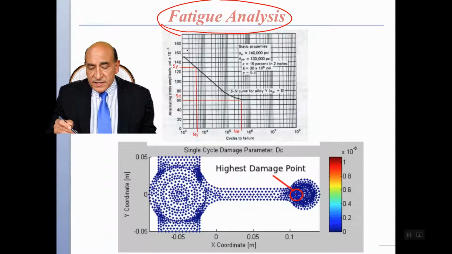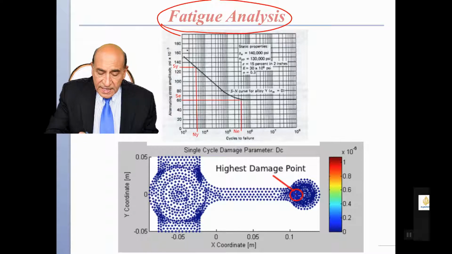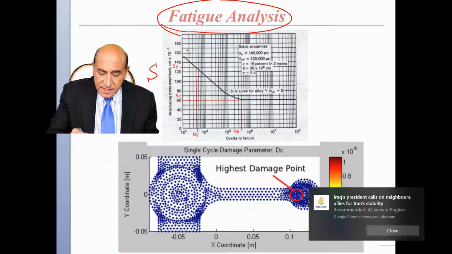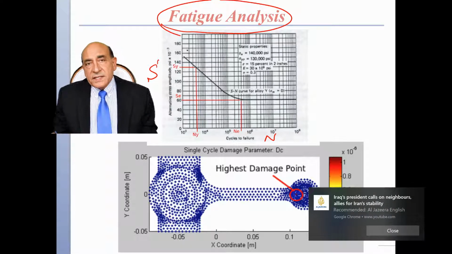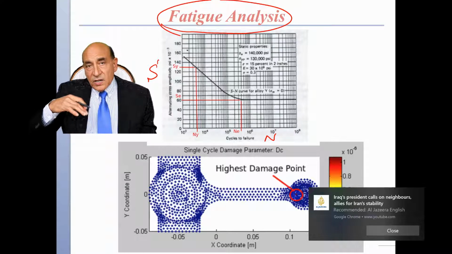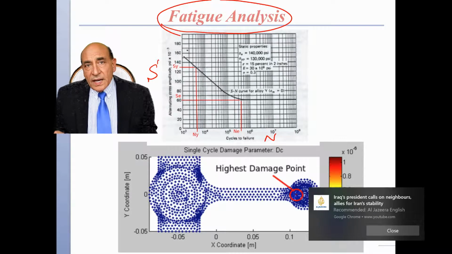So the fatigue analysis is based on the SN curve. This is the S and this is N. S is the amplitude of a fluctuating stress, and N is the number of cycles to failure.